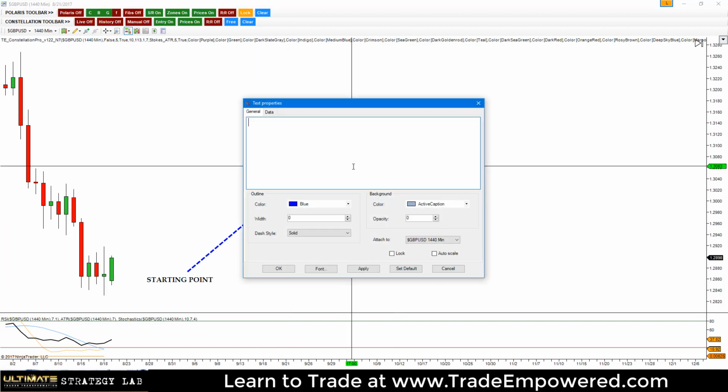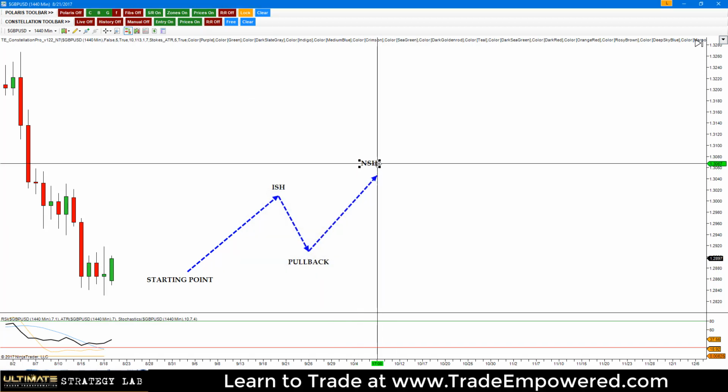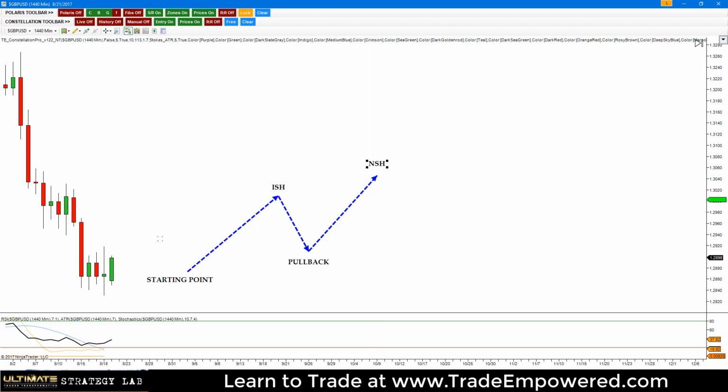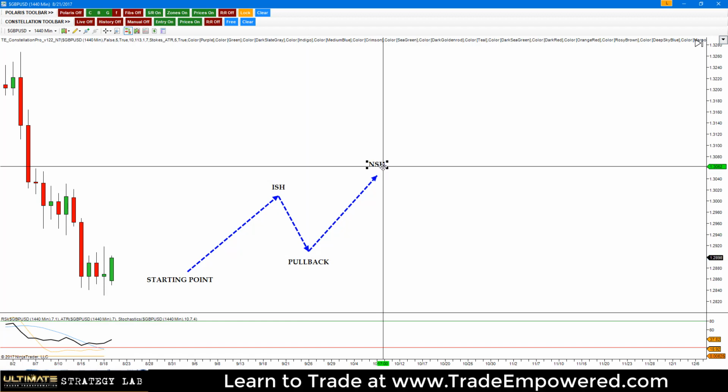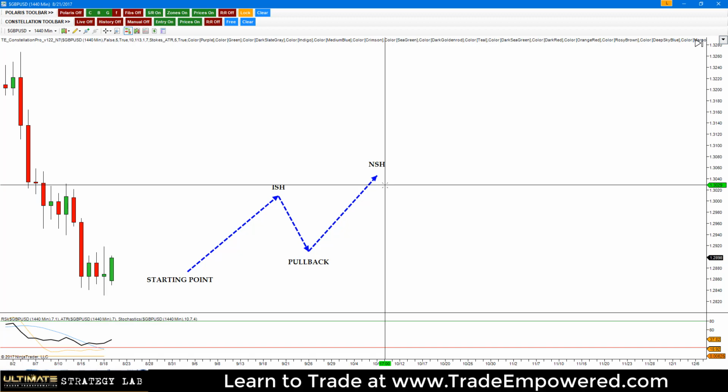And we call this level a new structure high. This is a confirmation of a bullish trend, this 3-point move. 1, the move up. 2, the retracement back. 3, the creation of a new structure high.